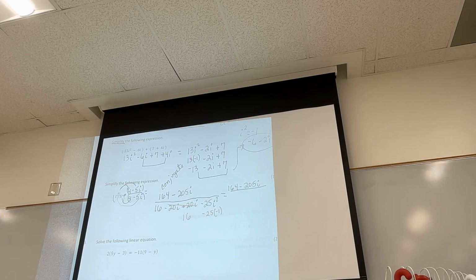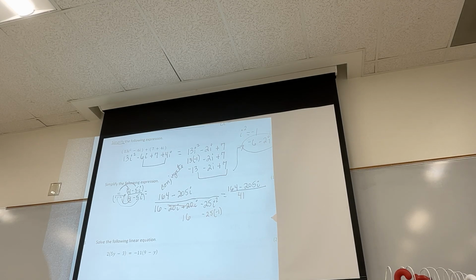Okay. I'm waiting. 16 plus 25? Oh, did y'all say that and I just didn't hear? I'm sorry. Okay. Can we leave our answer like that? Who says yes? One person? So everybody else says no? You say yes?